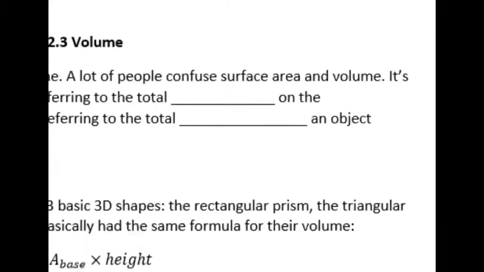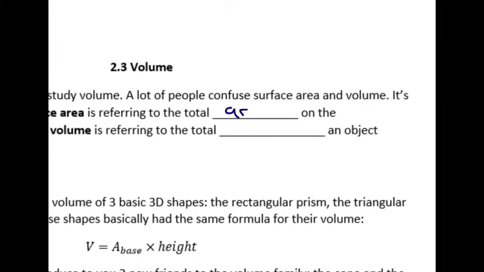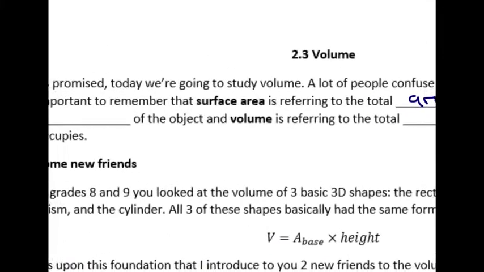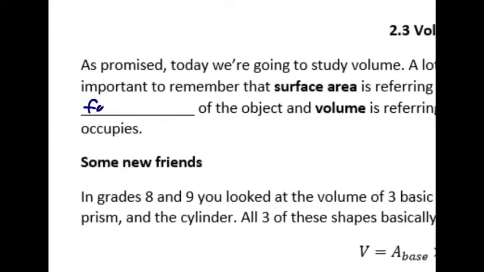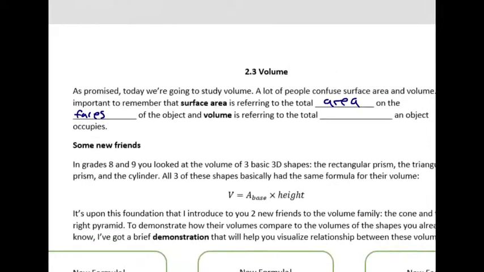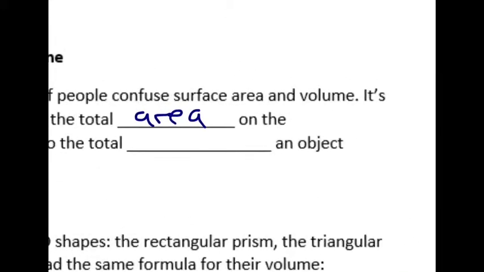Surface area is referring to the total area on the faces of the object. And volume is talking about what? The total space. A lot of people say density, but density is different.